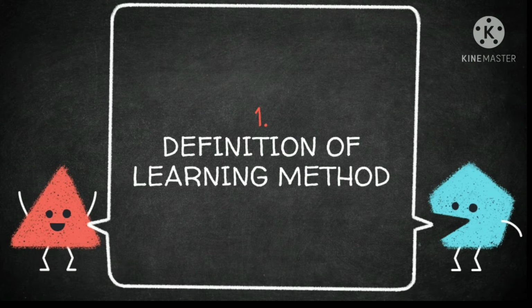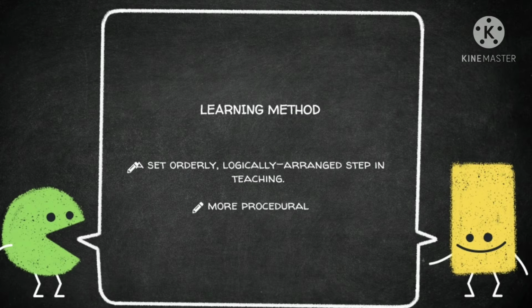So I would like to explain to you all about learning method. What is a learning method? When we say learning method, this is a set of orderly, logically arranged steps in teaching. So these are steps in teaching that are orderly. That means they are arranged properly and they are arranged based on logic.